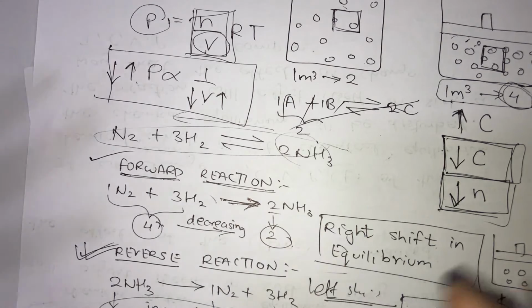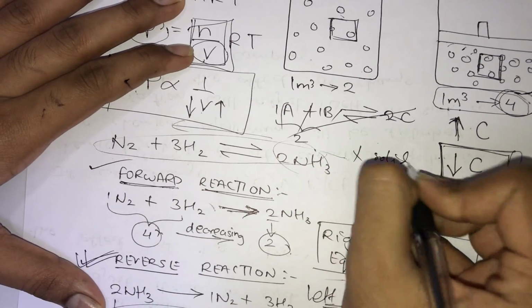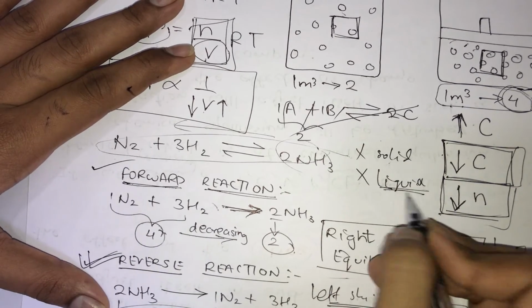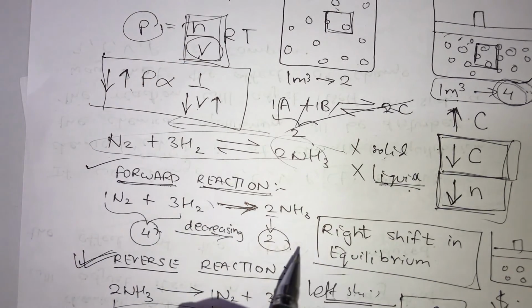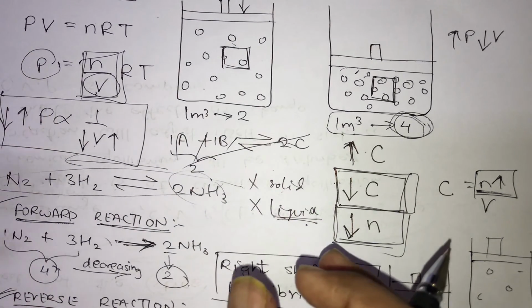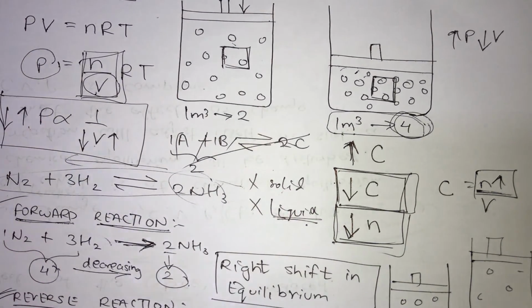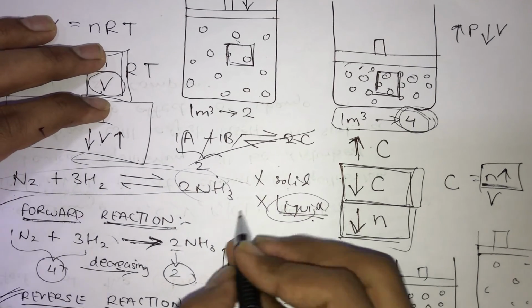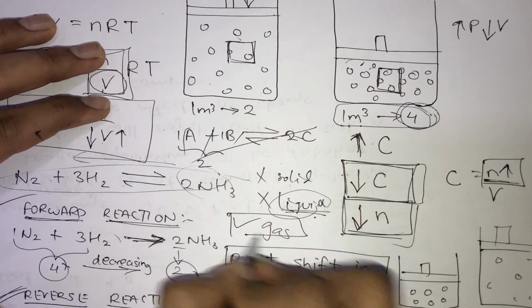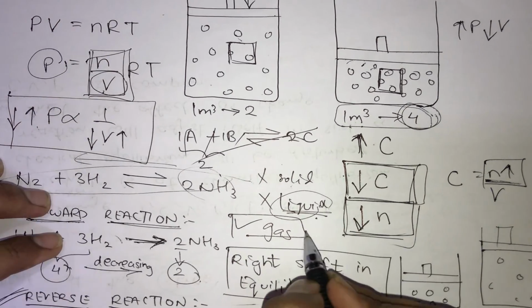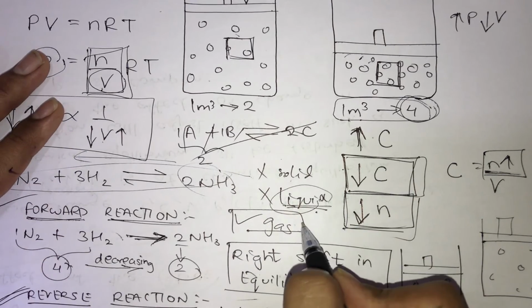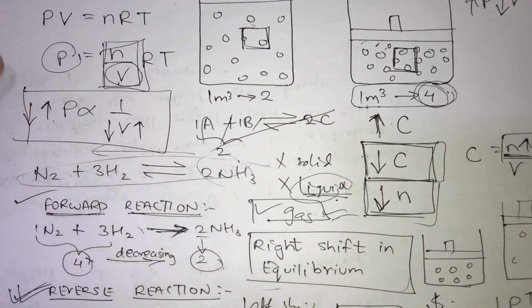As we all know, we cannot compress solids and we cannot compress liquids. Although we can compress liquids, even after changing the pressure, there won't be a significant change in the concentration as expected in the gas. So if you change the pressure, there will be a greater change in the concentration of the gas as compared to the solid and liquid. So we consider only gaseous reactions where we increase or decrease the pressure.